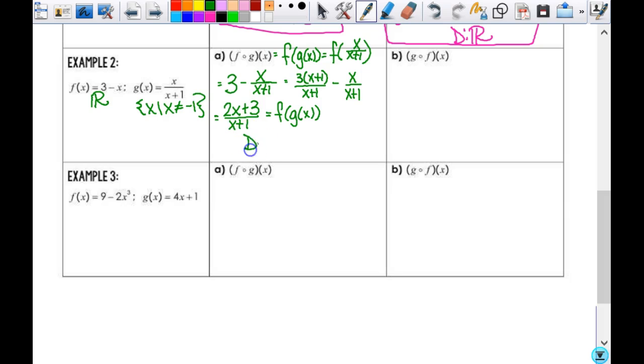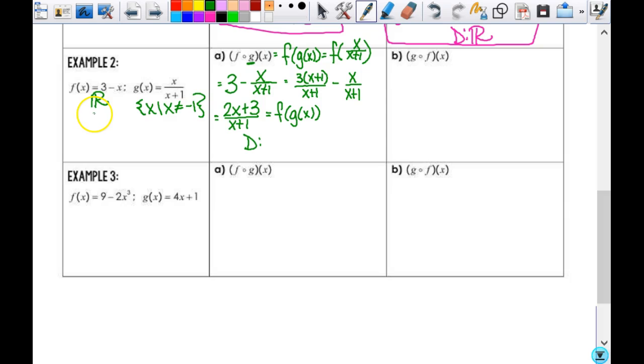Okay. Then I got to look at my domain. All right, so the domain is the domain of the input, which is g, such that all of the outputs, g of x, live in all real numbers. So all of the outputs, is there any possible way to get something out of here that's not a real number?